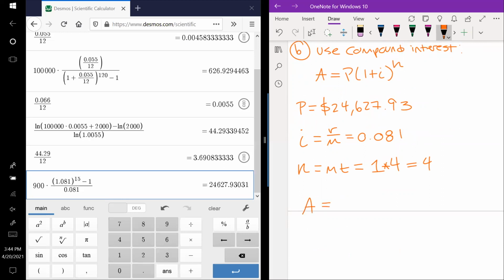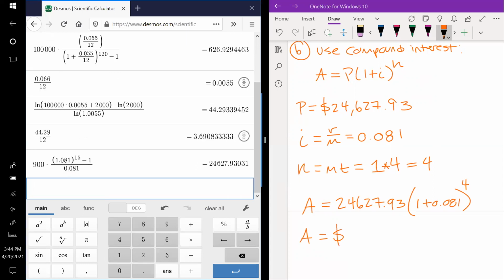A equals 24,627.93 times 1 plus 0.081, all raised to the 4th. So the final amount of money on your child's 21st birthday, 1.081, right? Yep.